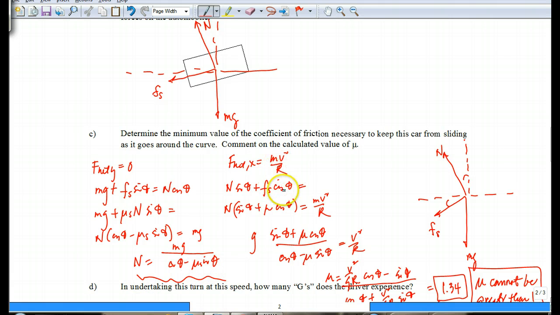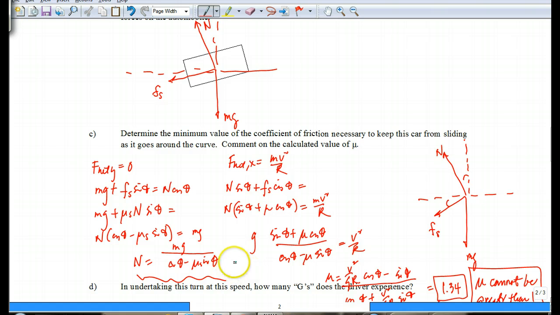In the x direction, there is N sine theta, as well as fs times cosine theta, which must be equal to mv squared over r. And that gives me an equation in terms of N and mu.